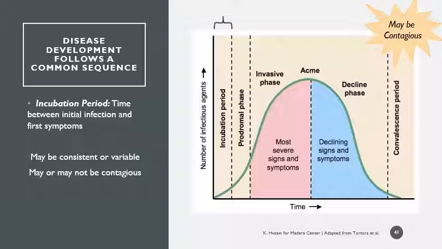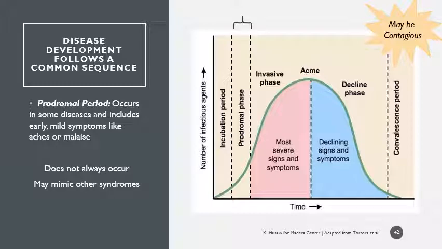It's just in between actually getting infected and when you know that there's something wrong. So it can be consistent or it can be variable. It can be contagious or not contagious during this point in time, transmissible or not transmissible. So it's just kind of a tricky time. The pathogen is colonizing the host and it can do a lot of different things.